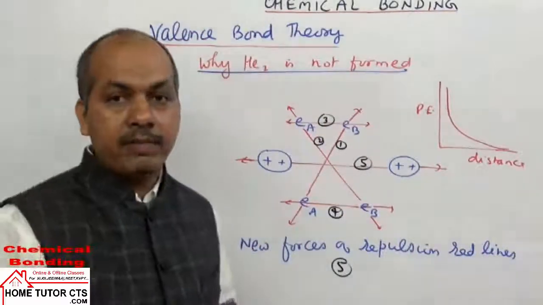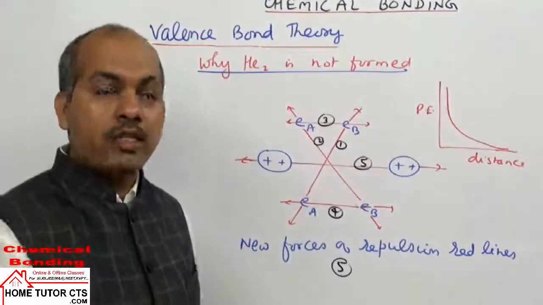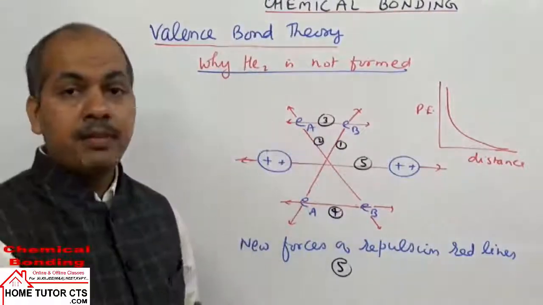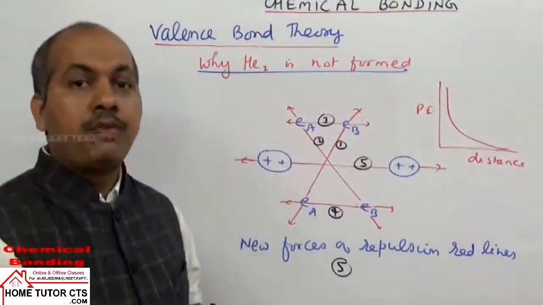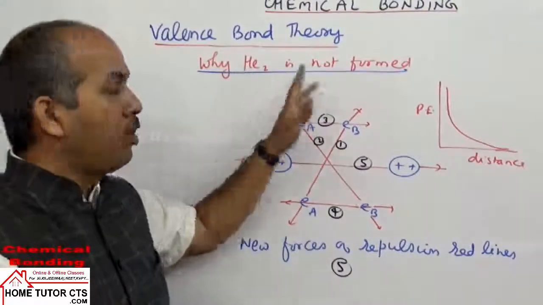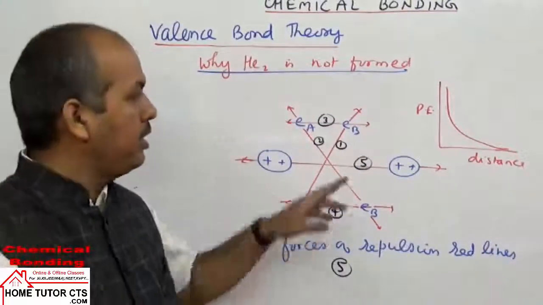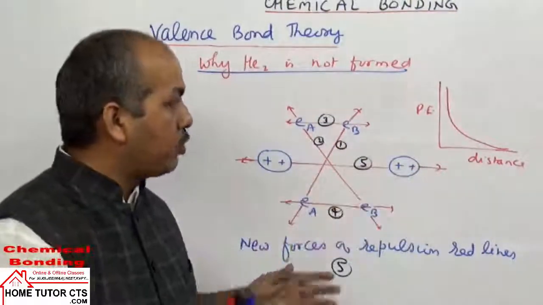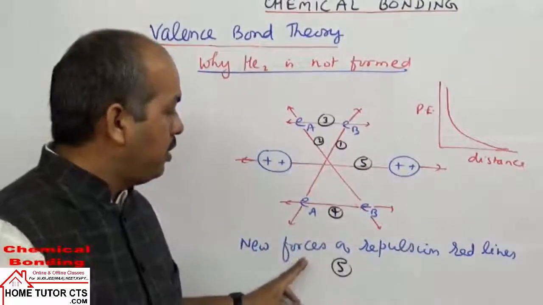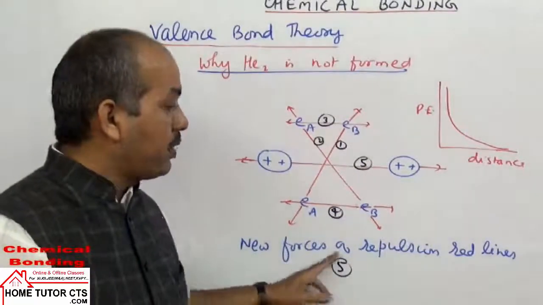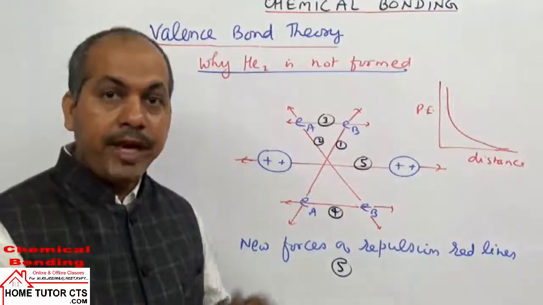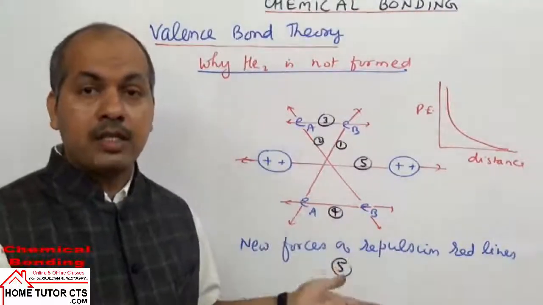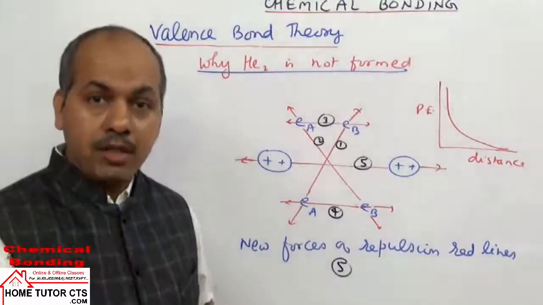So in such a case what happens? No possibility of bond formation will be there in helium atoms to form a helium molecule. Understand how it happens, if your atoms come close, what will happen? They have more force of repulsion as compared to attraction, and we know that the force of repulsion increases the energy of system.